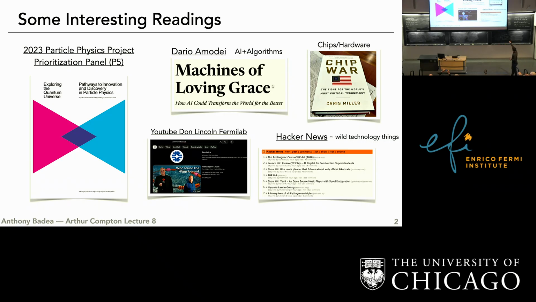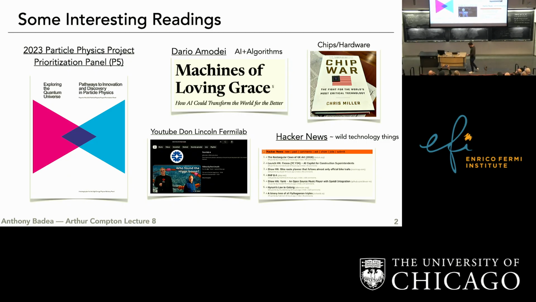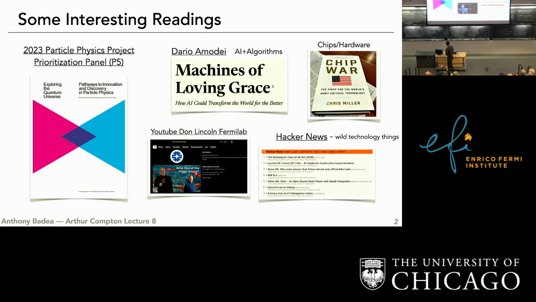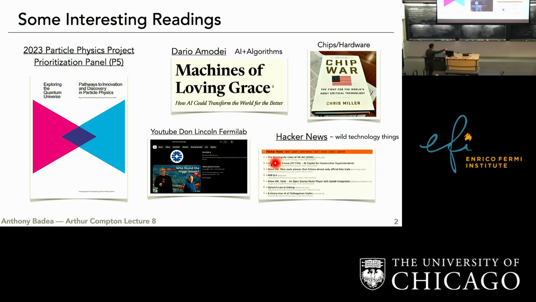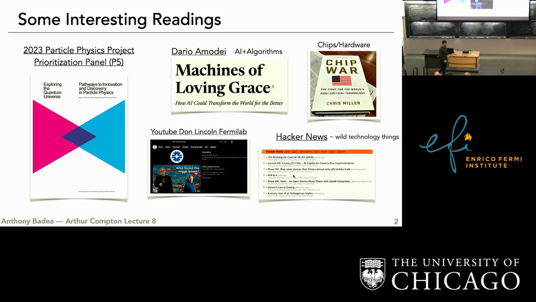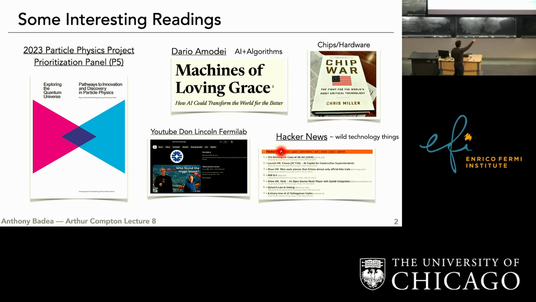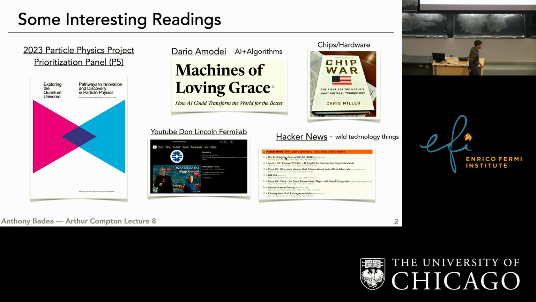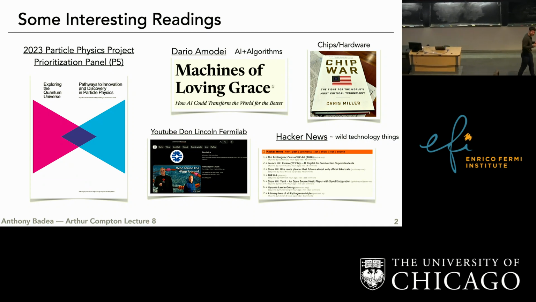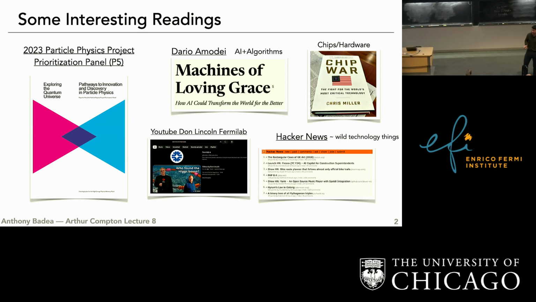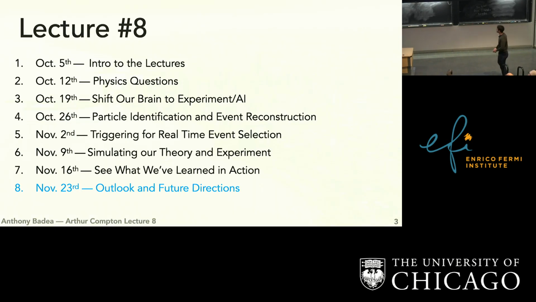This book is something I learned a lot about chips and the large international projects required to actually build this type of hardware. And for people who are like me, looking at weird, wild technology that people are doing all over the internet, this is a blog-type thing, a little bit like Reddit. I don't condone everything that's on there, and I don't say that everything is trustworthy, but I've learned a lot from reading these things.